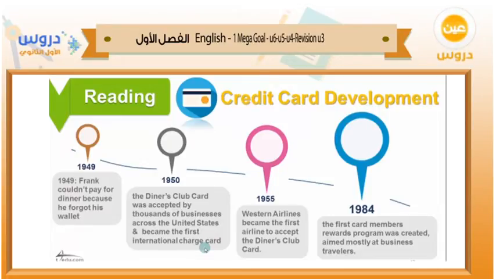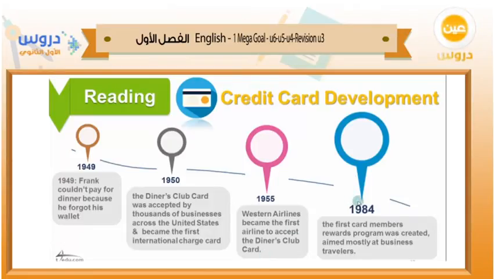So you sign and you pay for it. In 1955, Western Airlines became the first airline to accept the Diners Club card. So it started not only for dinner and at hotels or restaurants, it expanded to airlines. And this is the greatest date.